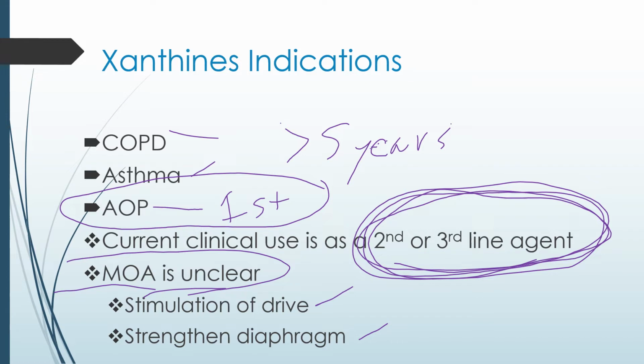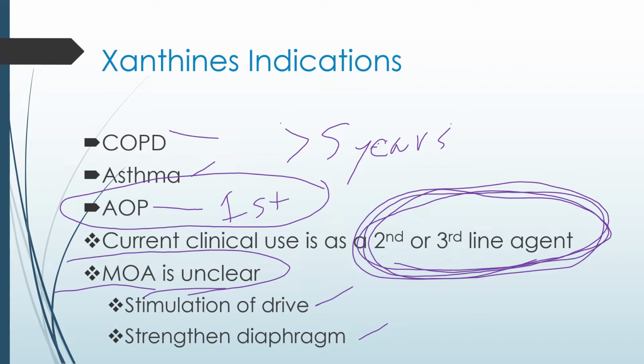That's what we give IV to help give them that drive to breathe and strengthen their diaphragm. We'll start this even before we extubate these babies, because we know the respiratory stimulation when we take the ET tube out is going to be lower. That's why some of these kids might need CPAP or high flow, non-invasive. But that first-line therapy of caffeine has been shown to help with that drive to breathe.